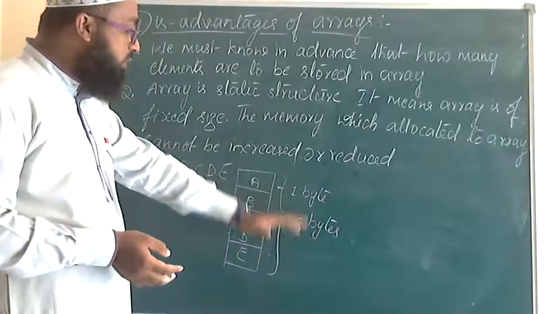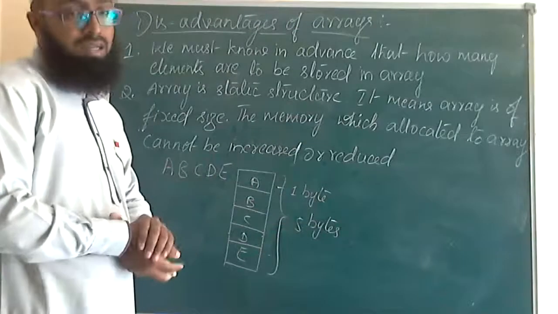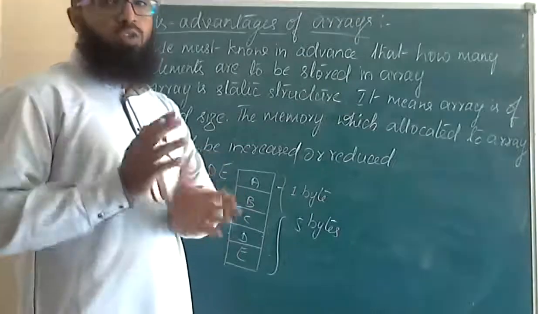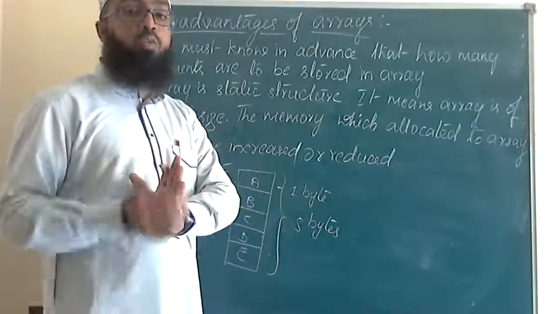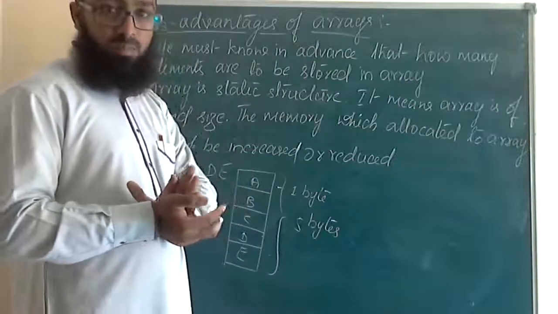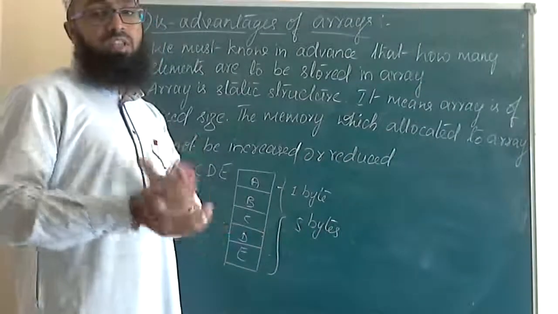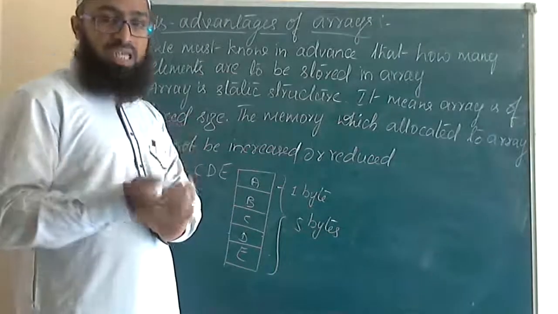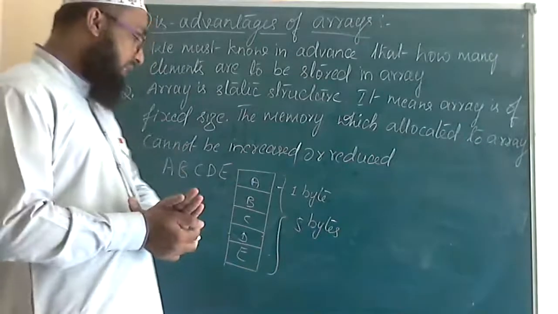It means memory space cannot be increased or decreased for an array once it is created. Before creation itself, we have to think how much memory is needed and how many elements the array needs, and take the required amount of memory for the array.